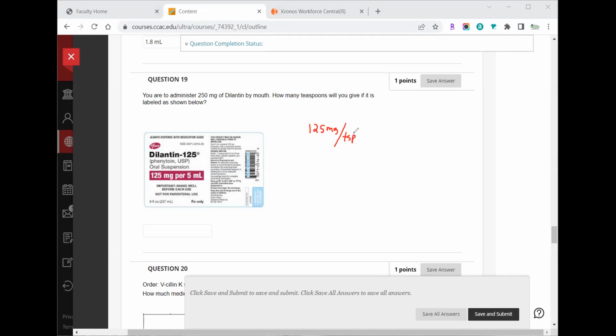So it means the same thing. Since I know that 5 ml is 1 teaspoon, I can use those interchangeably, not a big deal. So I'm going to take my order, 250 milligrams, divide by my available, 125, times my quantity, which is 1 teaspoon. So I'm going to give this patient 2 teaspoons.